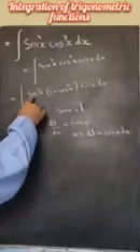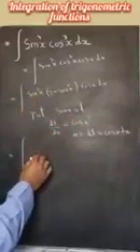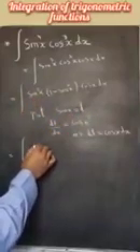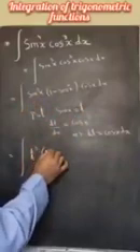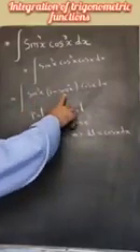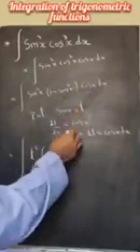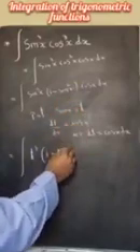Now substitute these in this integral, we get integral, instead of sine x we have t, so we write t cube, then it is 1 minus, here it is sine square x, so instead of sine we write t, so it becomes t square.